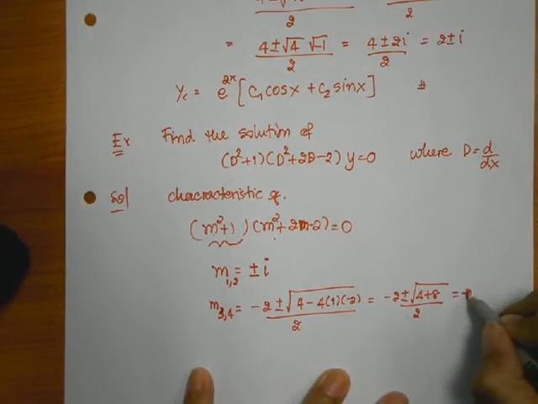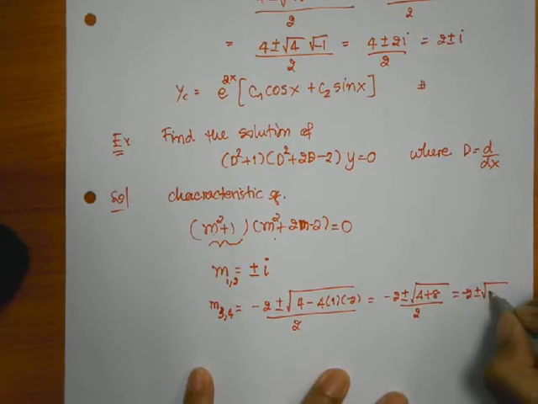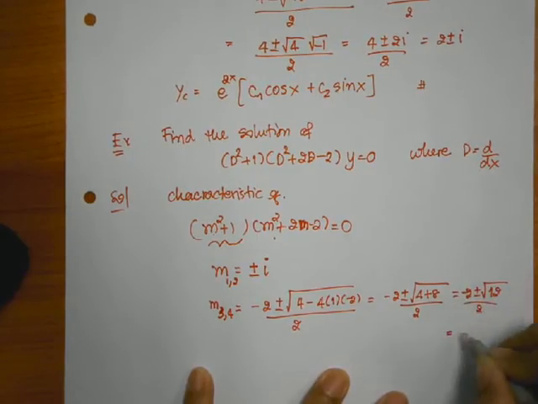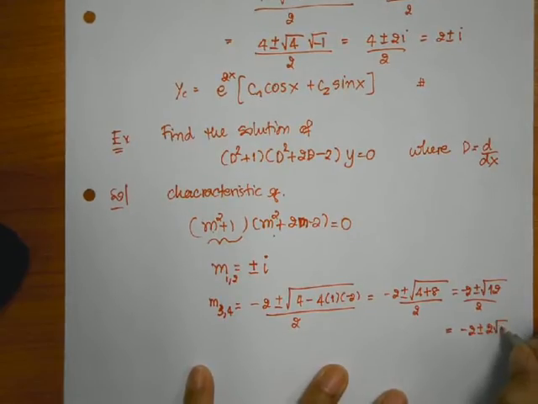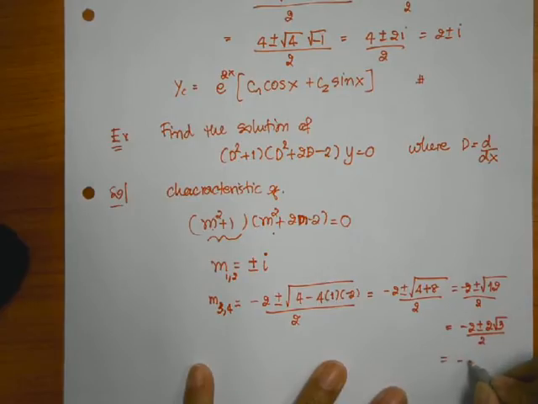Equal to minus 2 plus minus square root 12 over 2, which is minus 2 plus minus 2 over 2 times square root 3 by 2, which is minus 1 plus minus square root 3.